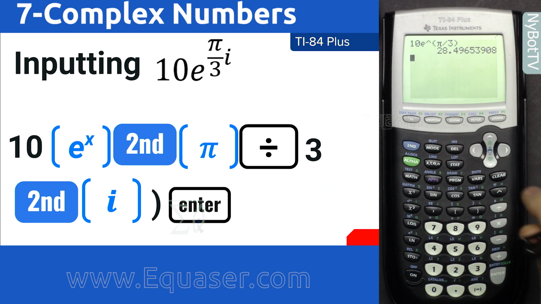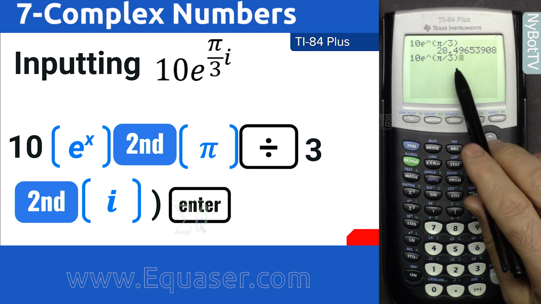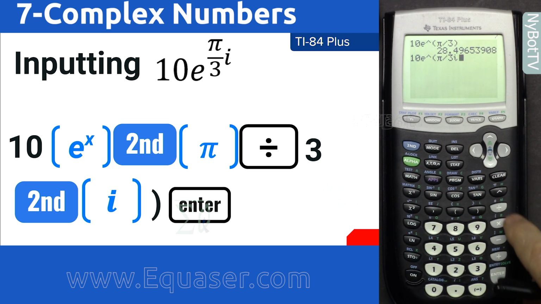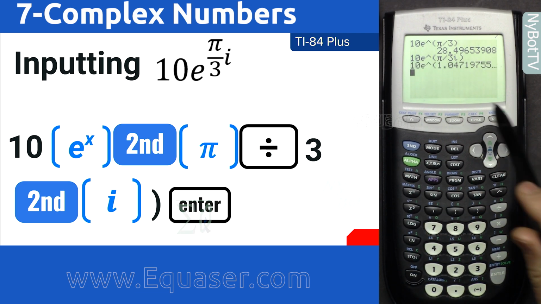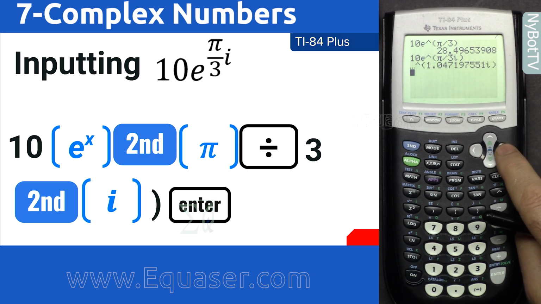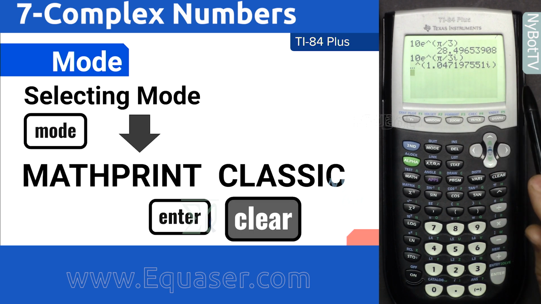I forgot to press i. Now let's go up and paste it, and with the arrow go here, second function i, and then close it. Press enter. That's our value. The dots show that we have more values. Scroll on this side until you see the i.